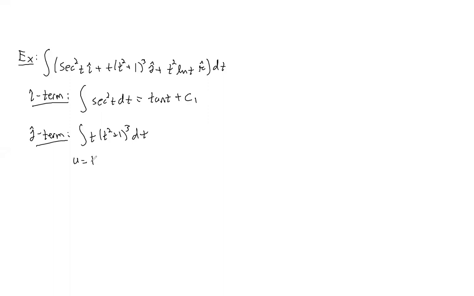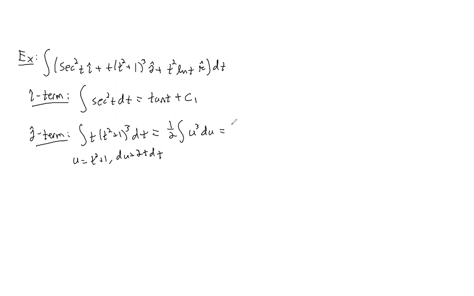In this case, u would be t squared plus 1. Du would be 2t dt. So that becomes 1/2 integral of u cubed du. I think that's a much easier way of trying to solve this.